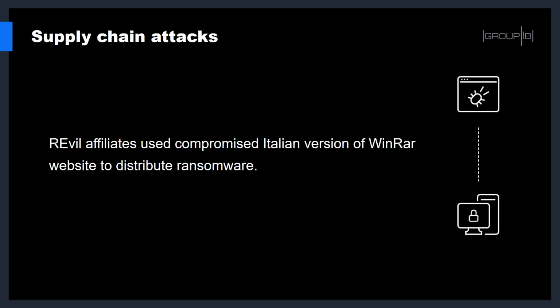And instead of installing WinRAR on the victims' machines, this installer ran REvil ransomware. Again, this attack, despite its sophistication, wasn't against corporations. It was against regular users, but it was quite effective, and the initial entry vector was very interesting.